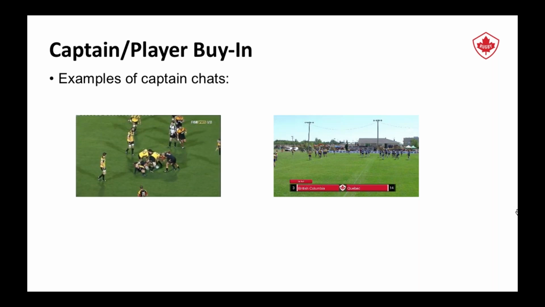The explanation is actually quite clear. We've had a couple of offside incidences, and then he gives an opportunity for the captain to be heard. Which is a very good thing at times, especially when there's mounting frustration when it comes to players not quite being on the same page as the referee. So when there's a lack of clarity around why a referee might be making certain decisions, we definitely want to give them an opportunity to be heard, because then it will help get that buy-in a little bit later in the match.